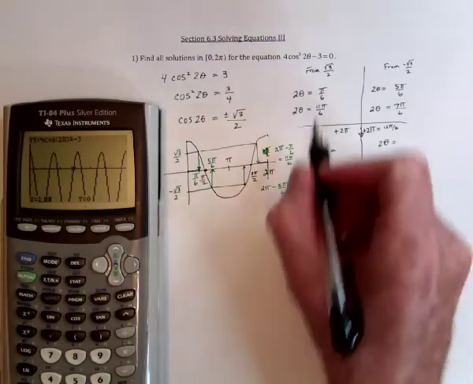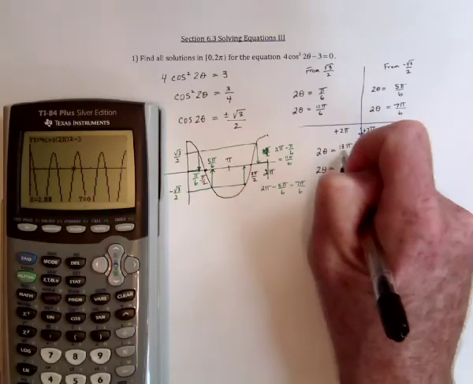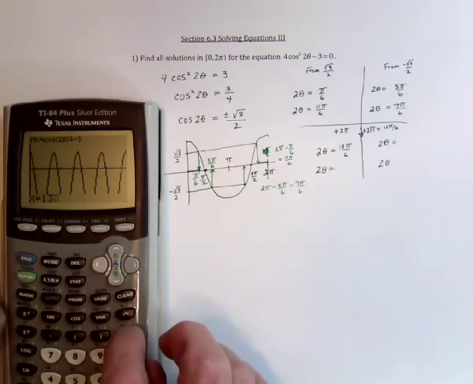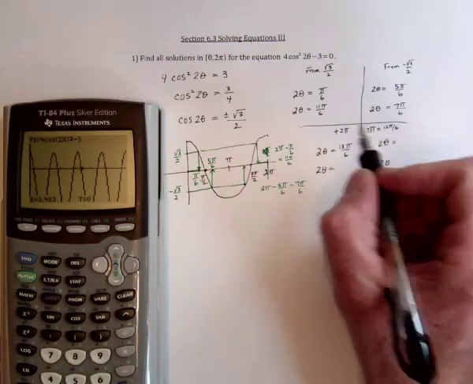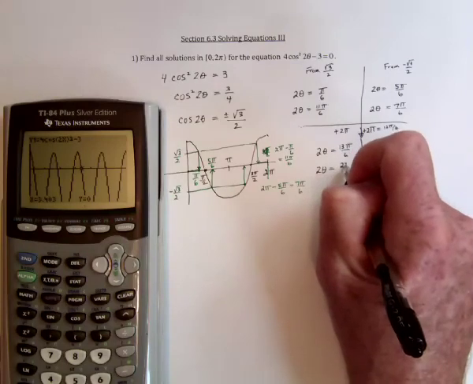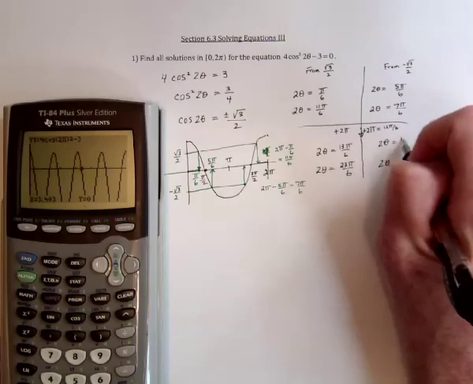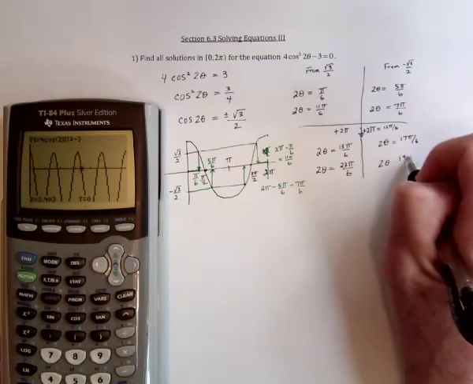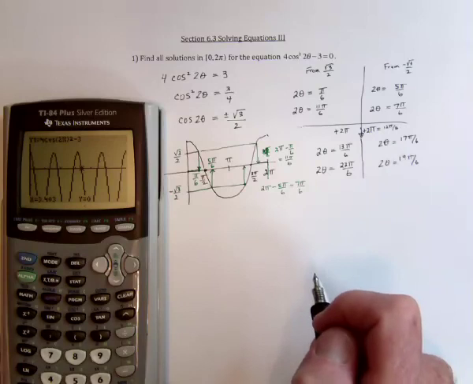So add 12 pi over 6 to all these. If you add 12 pi to 1 pi, that's going to be 13 pi over 6. 13 pi divided by 12 once we divide it by 2, okay. And then add 12 pi to this, and it's going to be 23 pi over 6. This one, add 12, is going to be 17 pi over 6. And this one will be 19 pi over 6. And then all of them should be divided by 2.